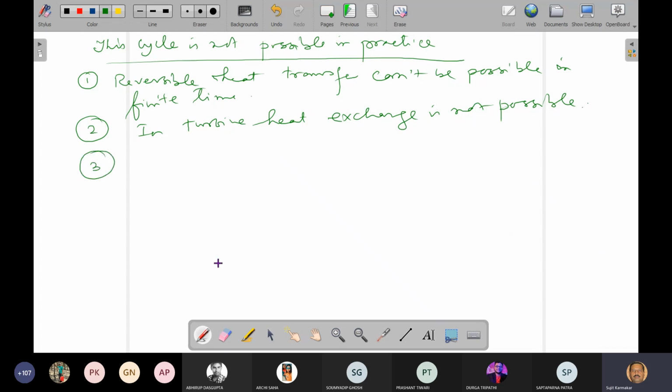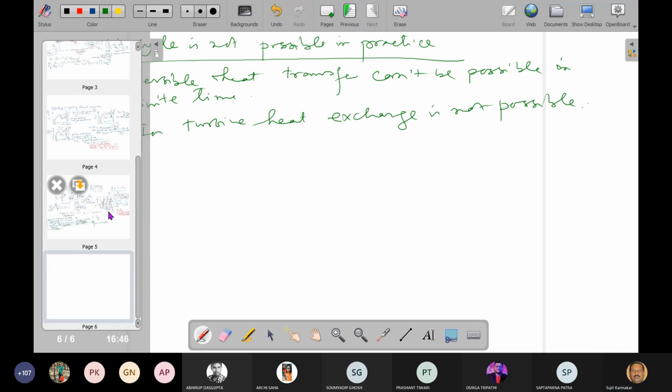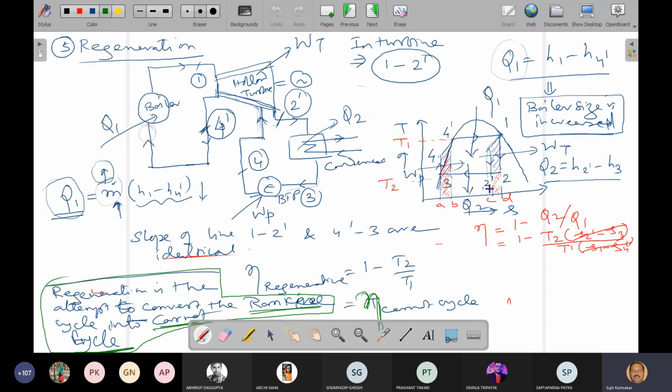And number three, if you go to the last figure, what can you find about point 2 dash? Dryness is reduced.